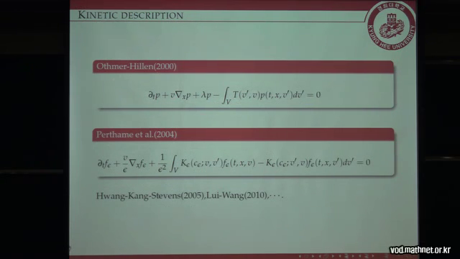In 2000, Thomas Hillen and Hans Othmer proposed this model, and in 2004 Possam and his collaborator proposed this Boltzmann type equation, and Professor Hyung-Ju Hwang and Professor Kyungkeun Kang and Stevens gave some results.